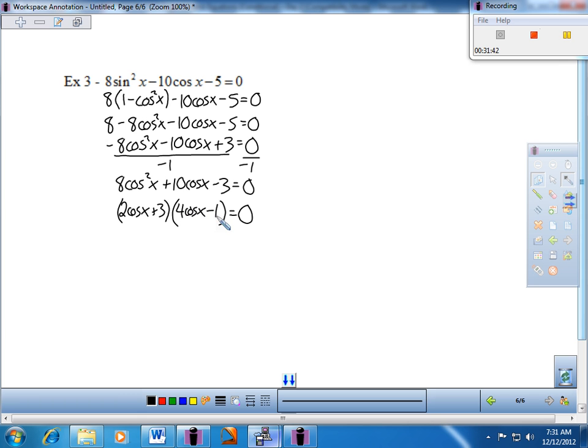If you're still having some issues with factoring, let me know, and I can definitely help you with that. But you should be okay with that piece. All right, so now what we do is we set each factor to 0. So let's do that together, everyone. And I get cosine of x equals -3/2. And everyone, I get cosine of x equals 1/4.